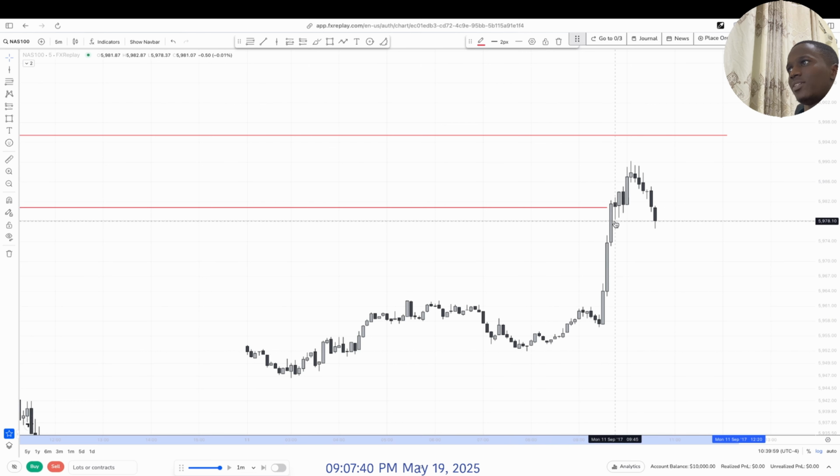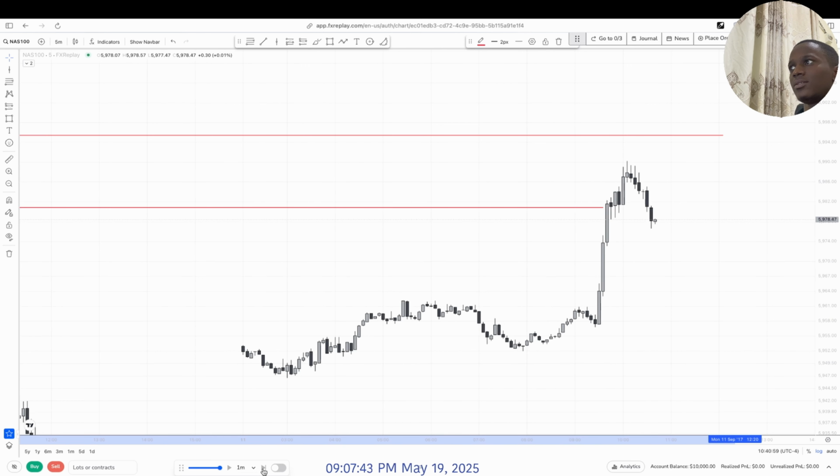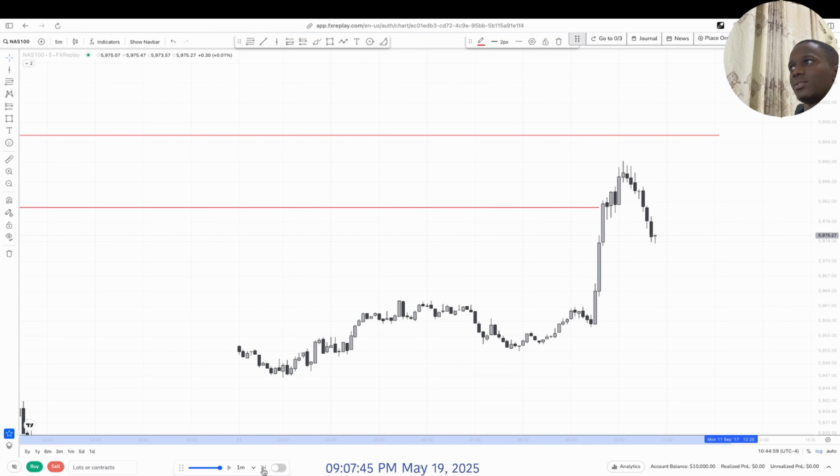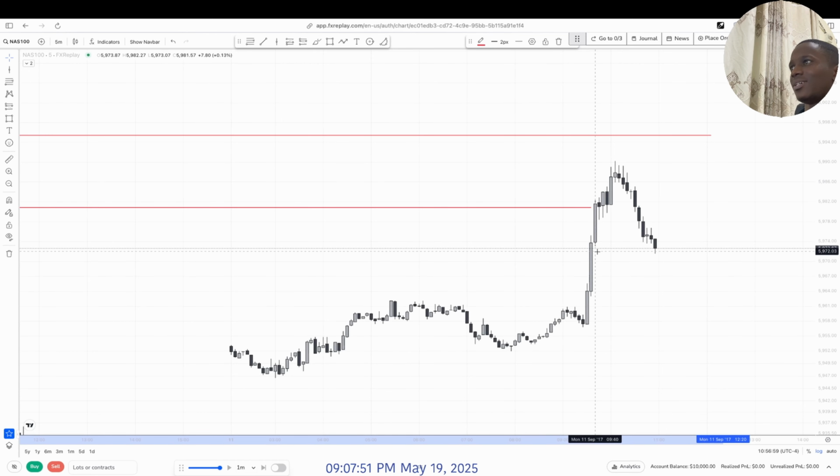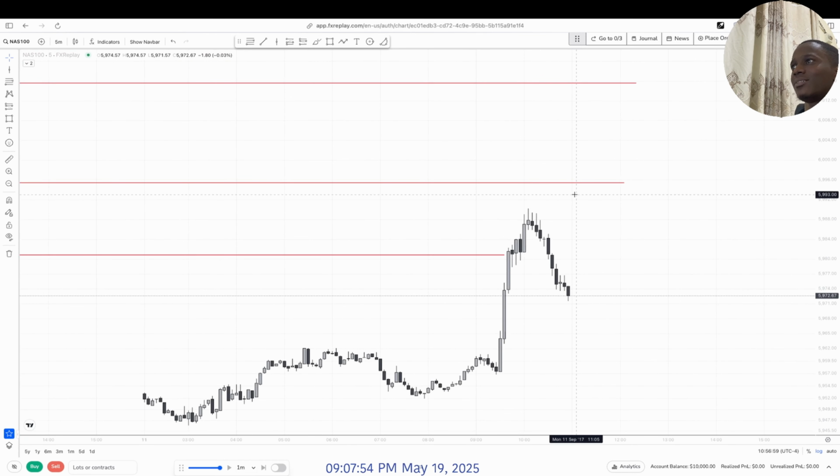Fair value gap. Let's wait to see maybe if it touches the lower one even by a bit. We end up here. We might now enter into these ones.